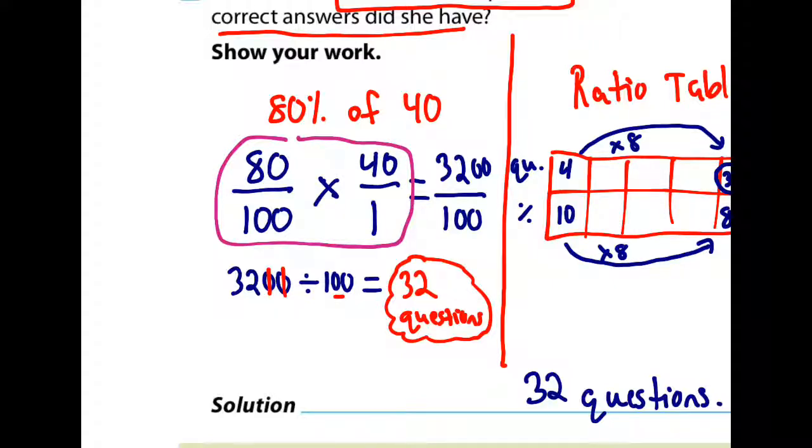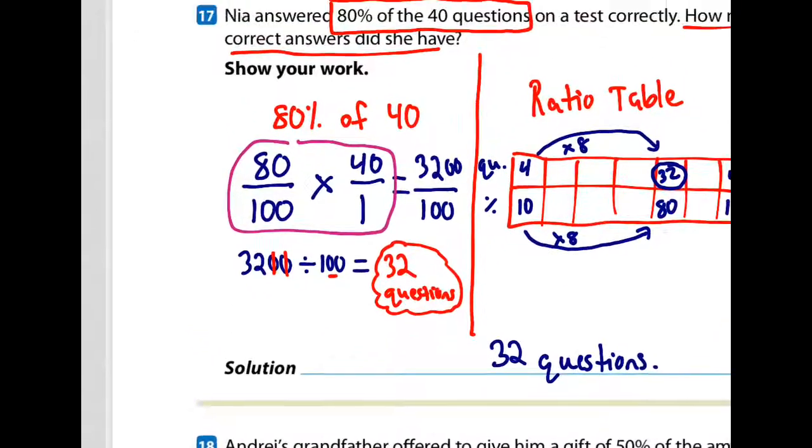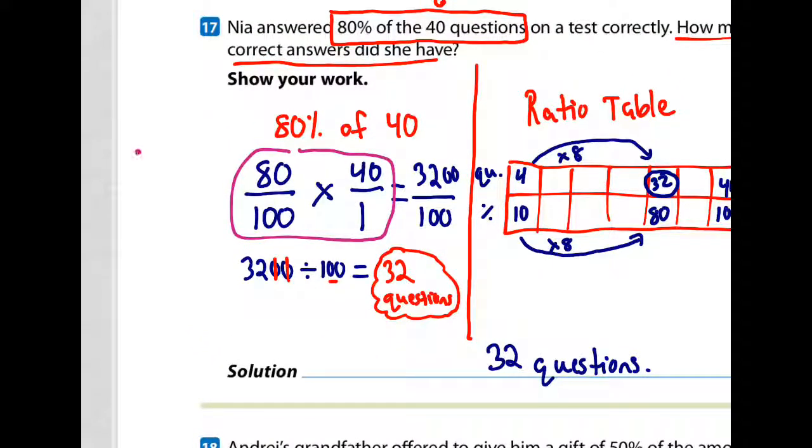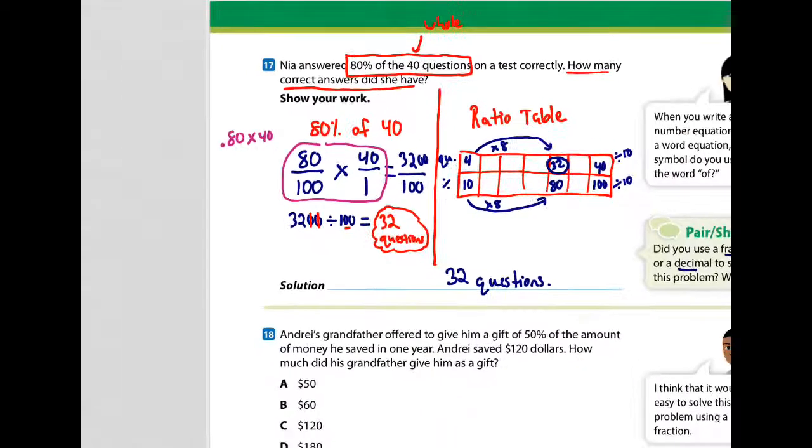And the reason I did is because I think it's kind of easier math. But you could have done 80% as 80 hundredths as a decimal times 40. Some people like multiplying decimals better. So that's what they're asking. Did you do decimals? Did you do fractions? Why would you do it? So it's up to you.